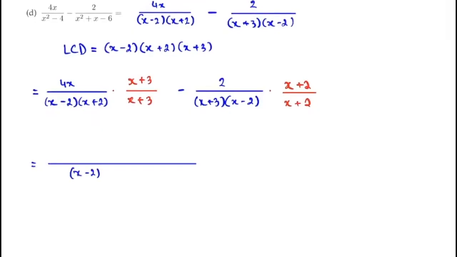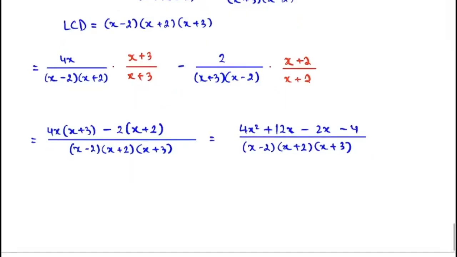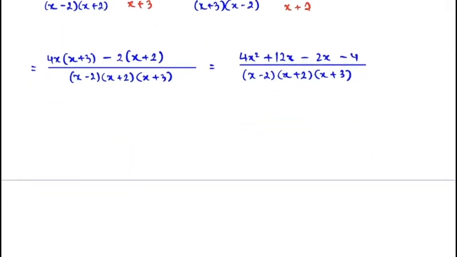So x minus 2, x plus 2, x plus 3. The numerator is 4x times x plus 3 minus 2 times x plus 2. Okay, simplify the numerators. I get 4x squared plus 12x minus 2x minus 4 over x minus 2 times x plus 2 times x plus 3. Now you combine like terms.